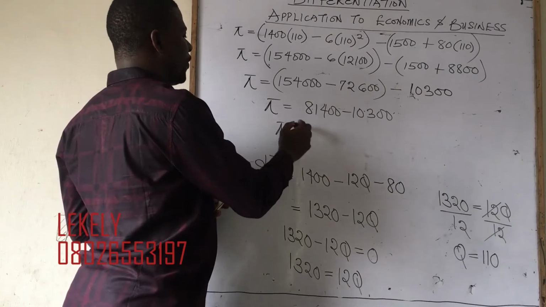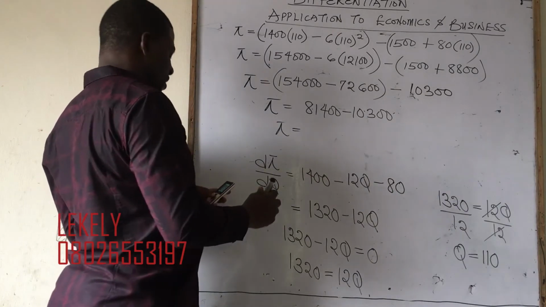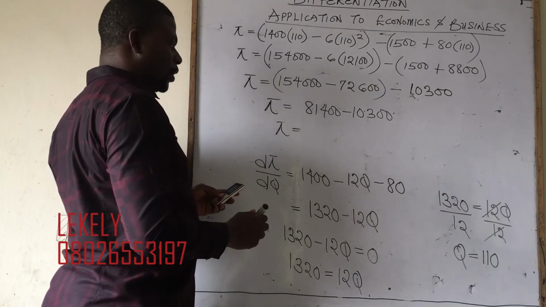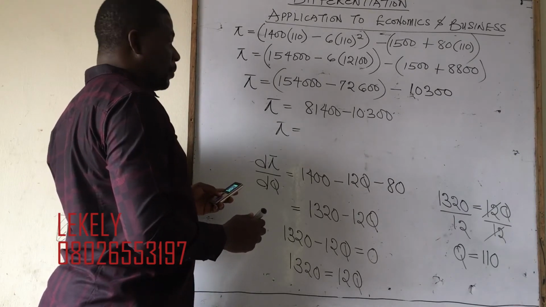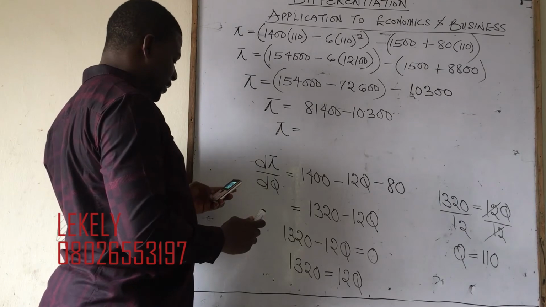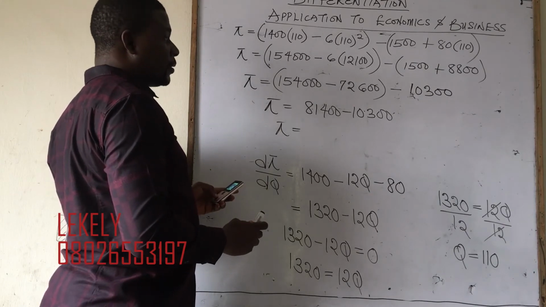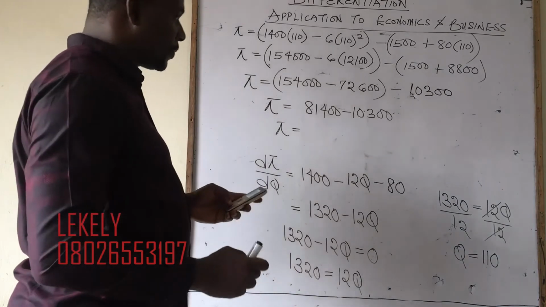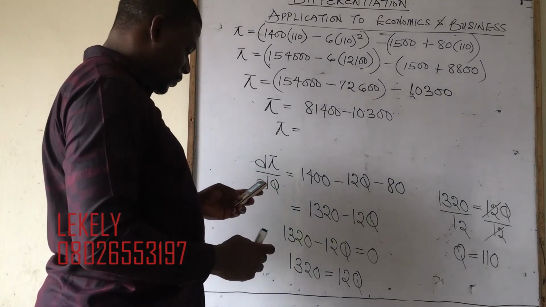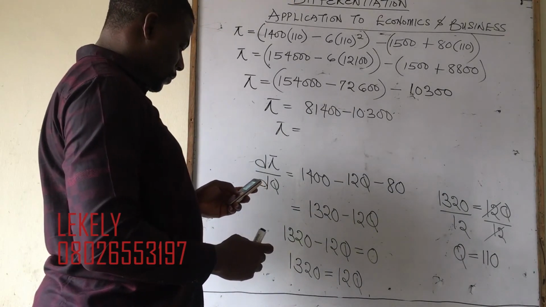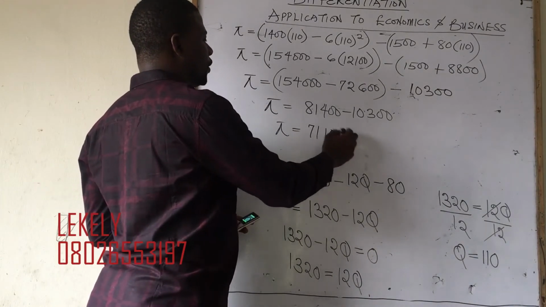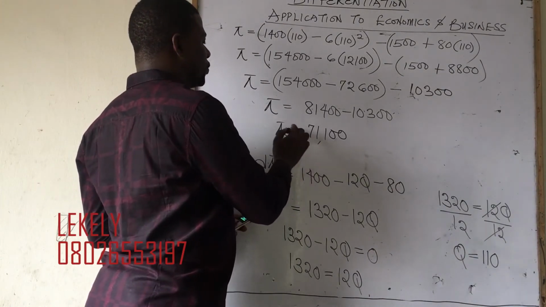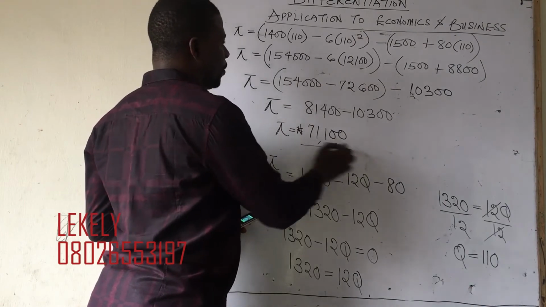And of course, our profit will become 71,100. That's our maximum profit.